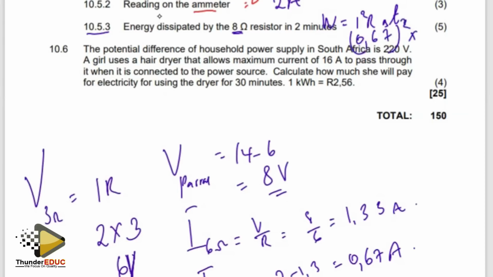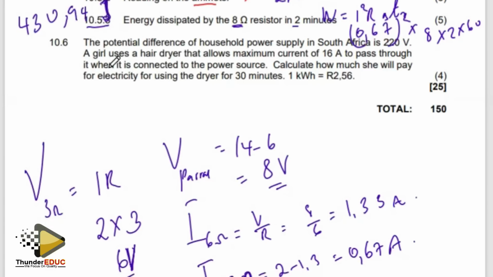The resistance is 8. The time is 2 minutes. 2 minutes, we need to change it into seconds. We multiply that by 60. So 0,67 squared, we're multiplying by 8 multiplied by 120. I'm having 430.94. Since it's energy, it will be given in joules.